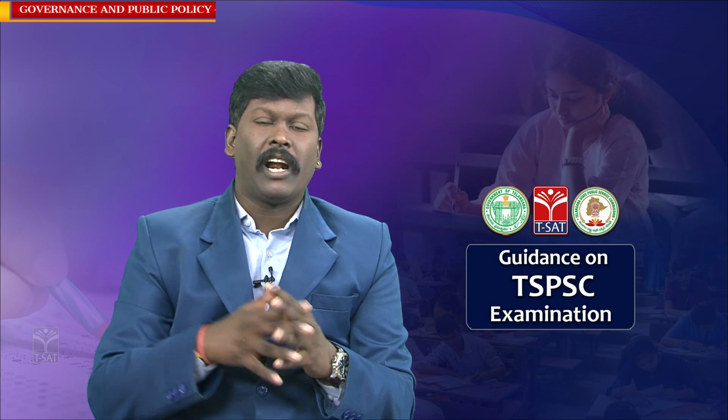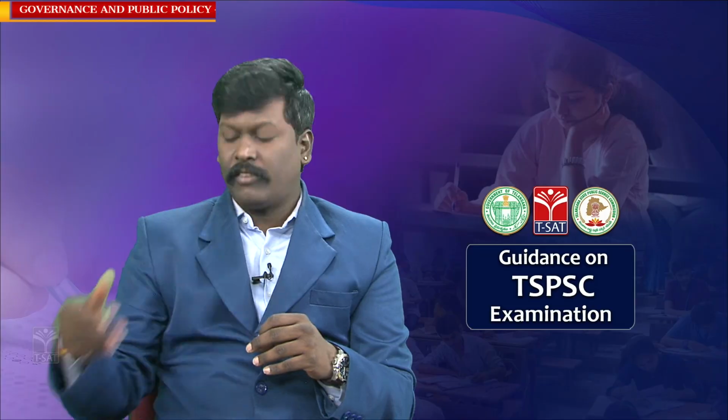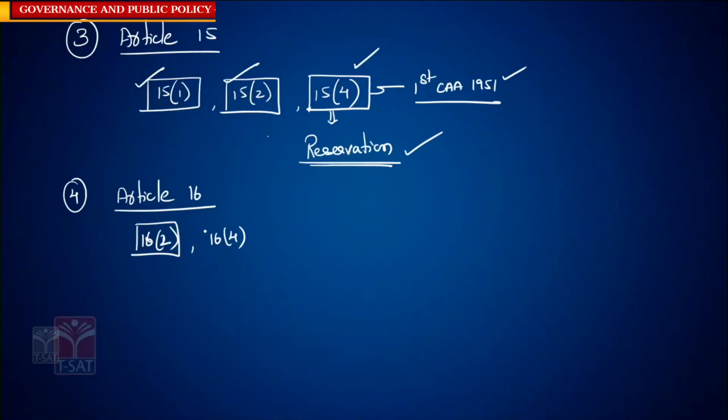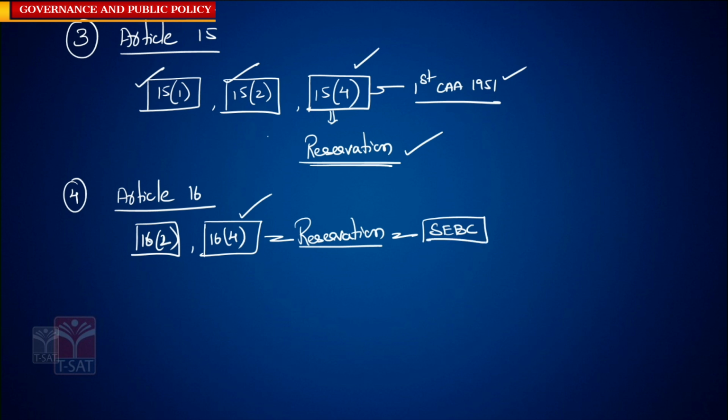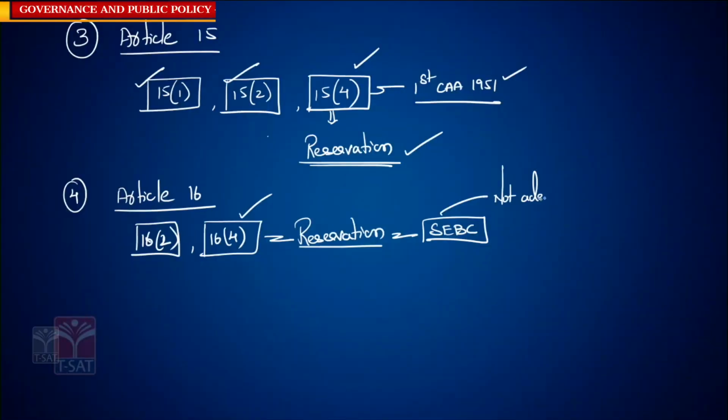The next important article we have is 16 clause 4. Now what is this 16 clause 4? It talks about reservations. Reservations to people on the basis of socially and educationally backward classes, which includes your SCs, STs, BCs, etc., who are not adequately represented.